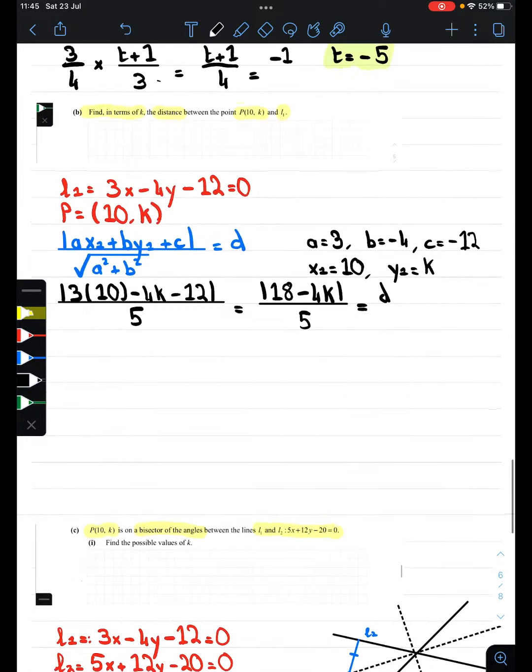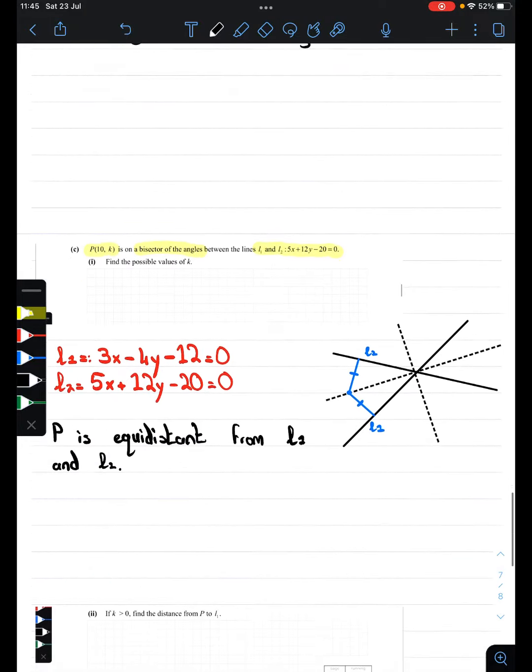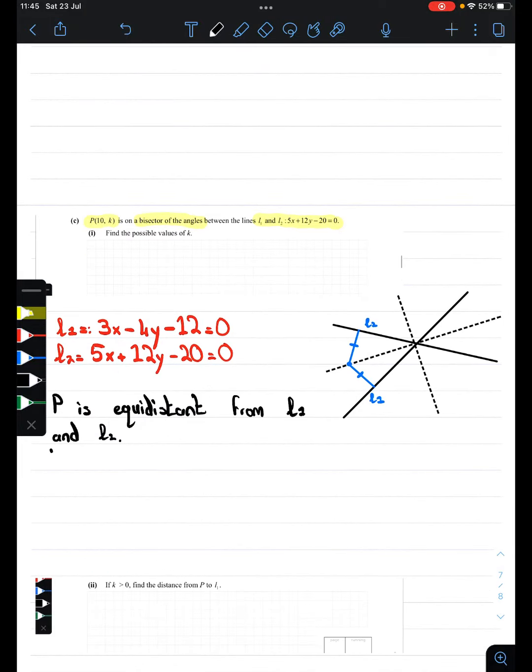the distance from P to L1, and that's 18 minus 4k over 5. So 18 minus 4k over 5 equals the distance from L1 to P. So it's also equal to the distance from P to L2.